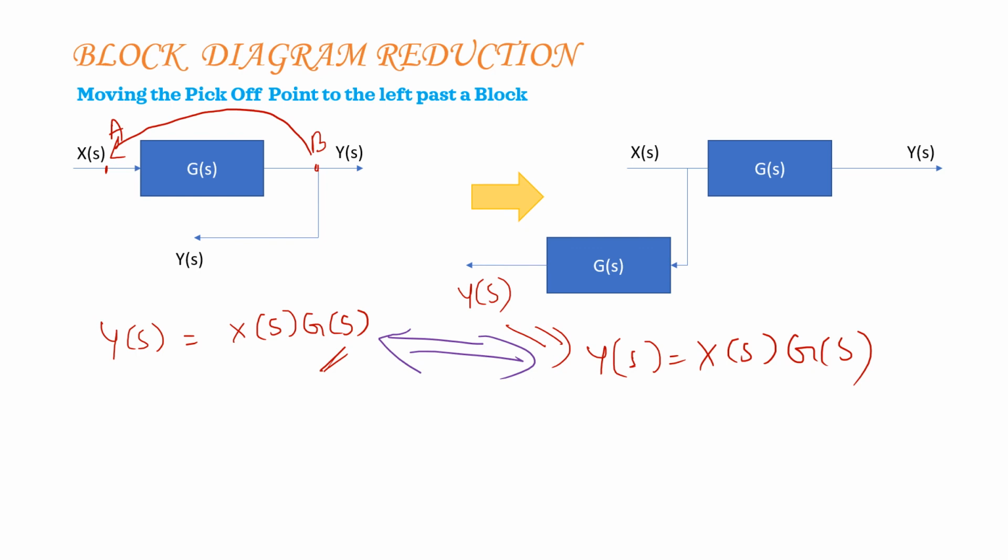Even if we are shifting the takeoff point or the summing point, finally the signal we require, either the feedback signal or the output signal, should remain unchanged. Without changing it, we need to reduce the given block diagram model into the simplest form.